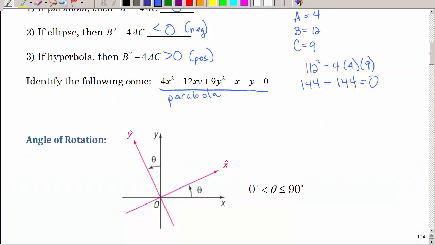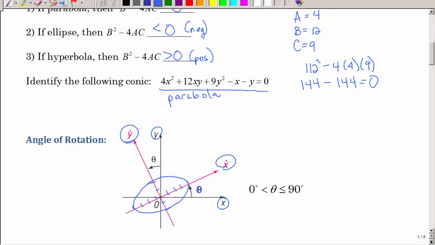Let's talk about that rotation for a minute. So far our ellipses, parabolas, or hyperbolas have been parallel to the xy coordinate system. Now we're going to have a new coordinate system with a rotation angle of theta. We may have an ellipse, maybe we go up 2 and down 2 and side to side 4, but we're doing it on a new coordinate system.